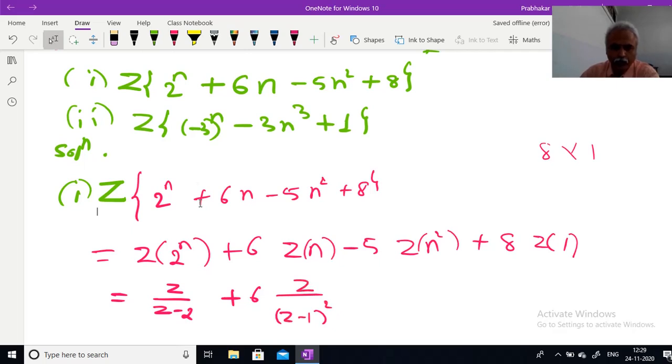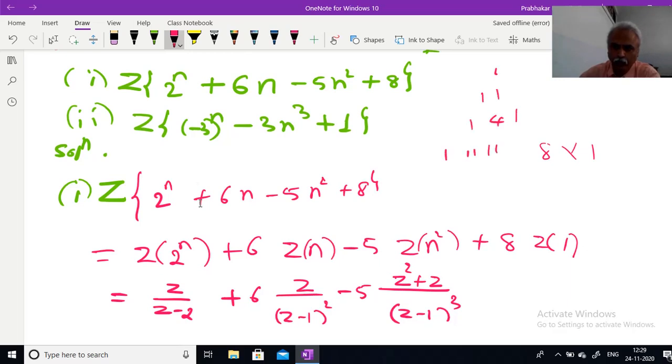Getting used to it, every day you should write the Z transform of n square. If it is raised to 2, the denominator is raised to 3, and the numerator starts from Z square. I told you to remember 1, 1, 1, 4, 1.